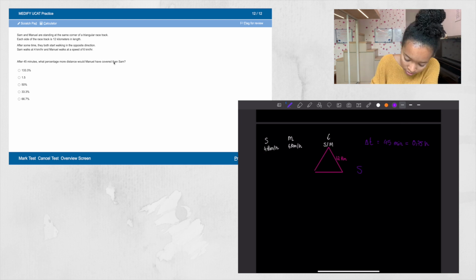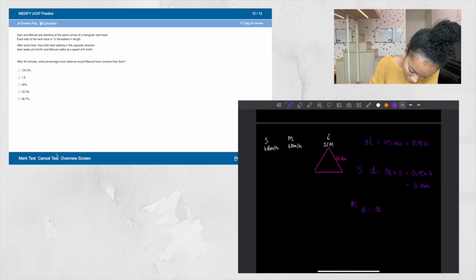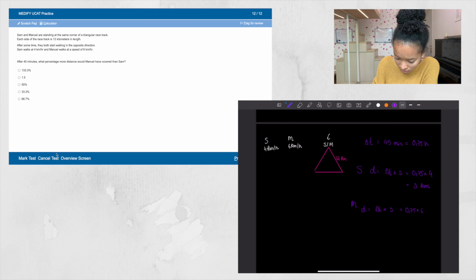So for Sam, the distance is equal to time times speed. So it's 0.75 times his speed, which is 4, which is equal to 3. Okay, so he would have done 3 kilometers. And then for Manuel, the distance is equal to time times speed, which is 0.75 times 6, which is equal to 4.5 kilometers.